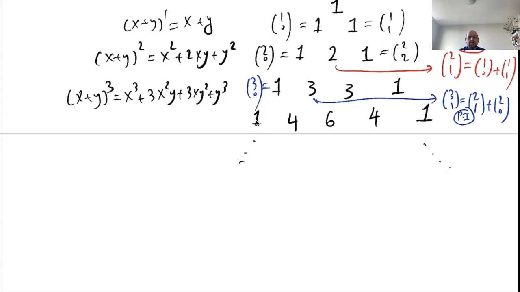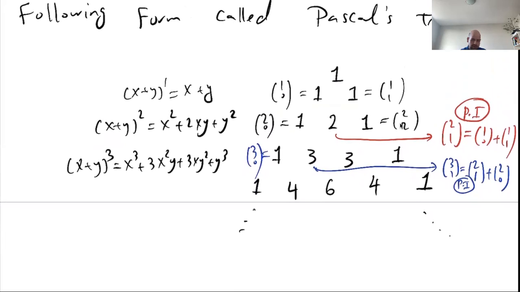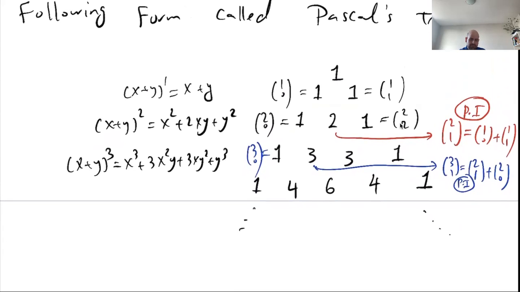Again, for the next row, you can do similar reasoning. Like this number, you can show that it is this number plus this number, so this is 4. This number here must be this number plus this number, which is 6, and so on. So using Pascal triangle, we can find the binomial coefficients. You probably have seen Pascal triangle in high school. But now you know the reason why Pascal triangle works and why it can be used to find the binomial coefficients.